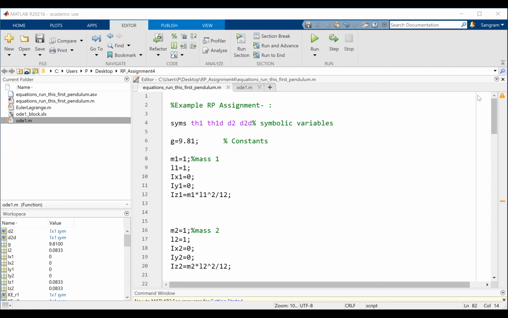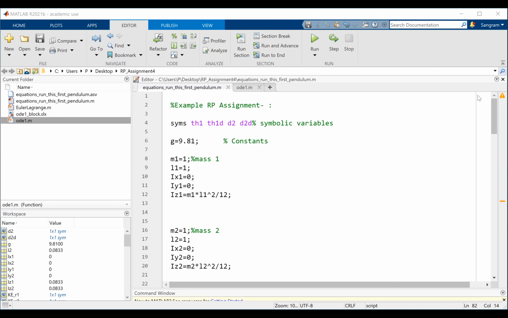Next step is I want to define the inertia properties of mass M1. For mass M1, I have M1 is equal to 1. That mass will be the same whether you consider it in the X direction, Y direction, or Z direction. That's why I'm just saying M1 is equal to 1, which goes without saying that it is equal to MX1, MY1, and MZ1.